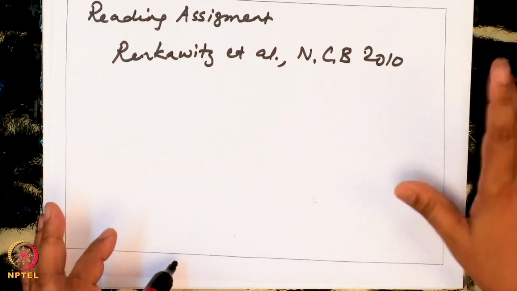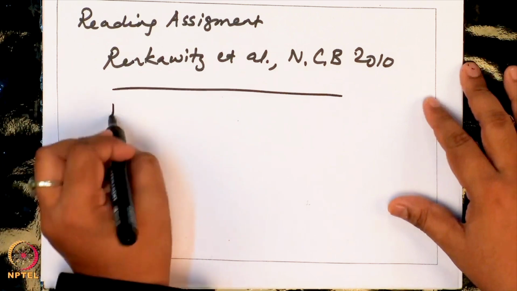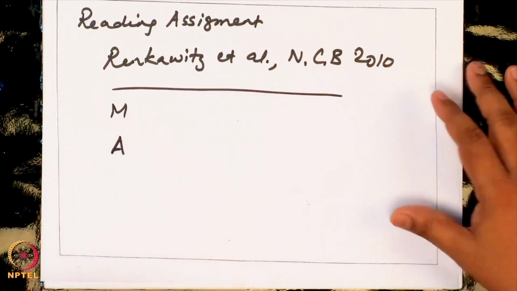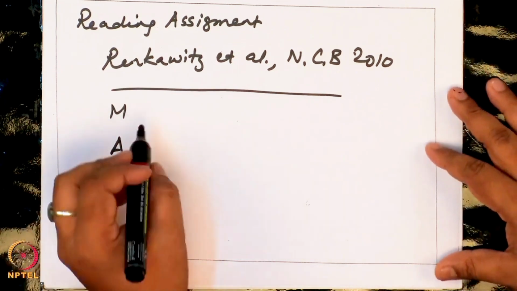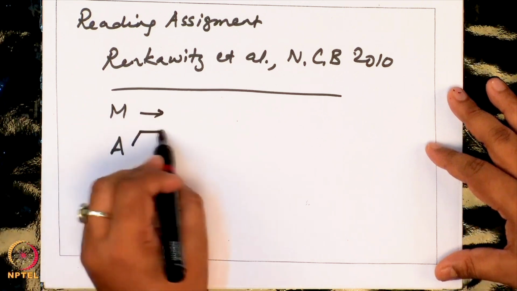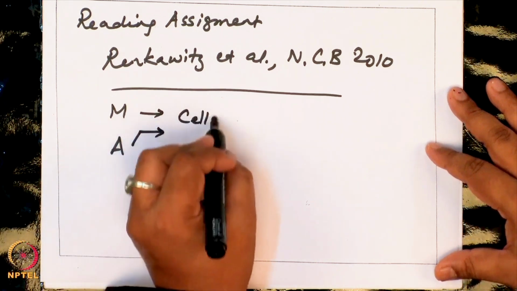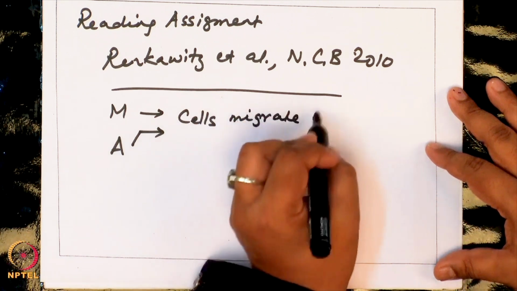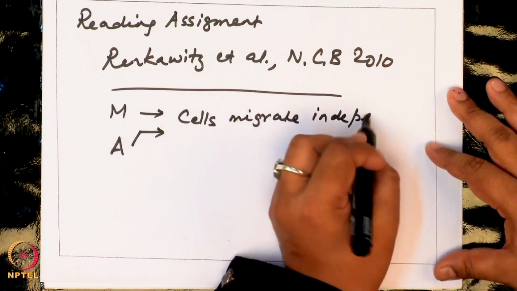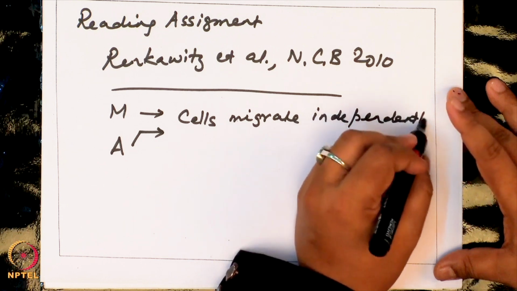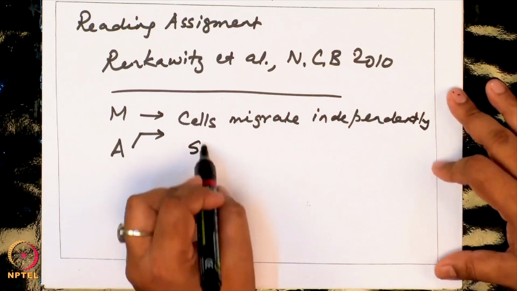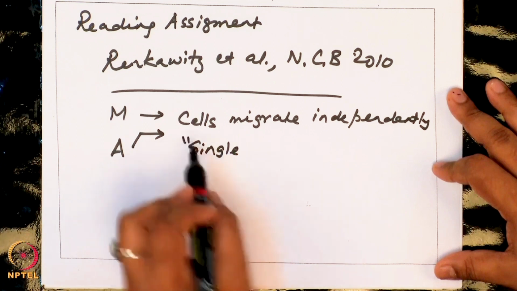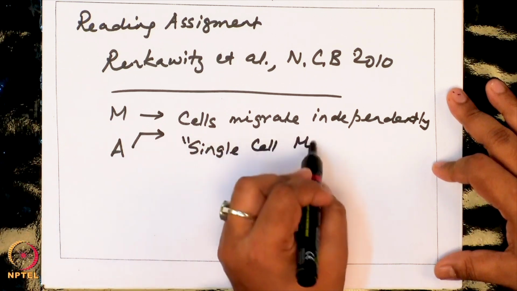So, I will just touch upon another type of migration. We have mesenchymal, we had amoeboidal. In both these cases, the cells migrate independently. Or in other words, you can say this is an example of single cell migration.